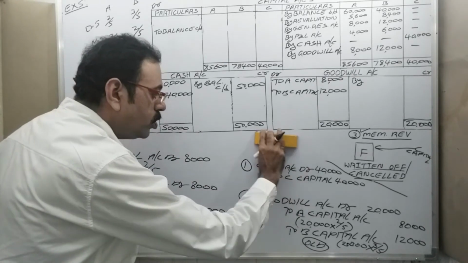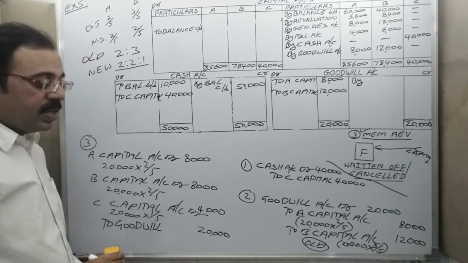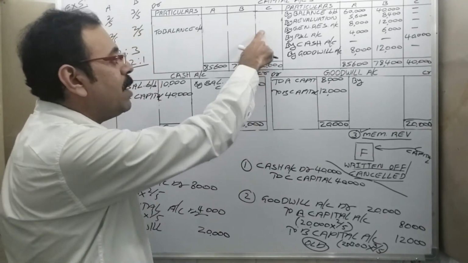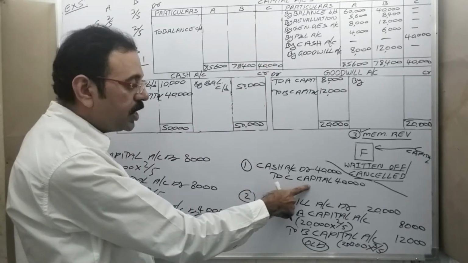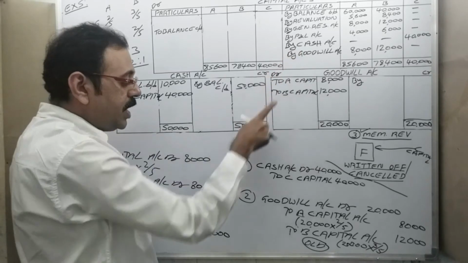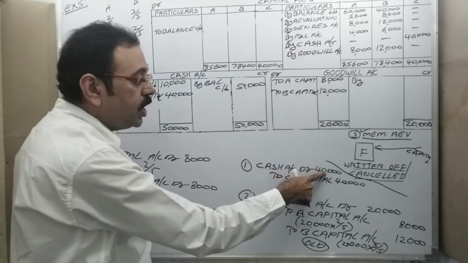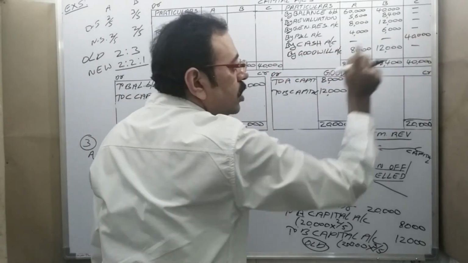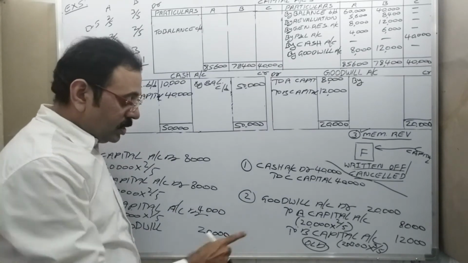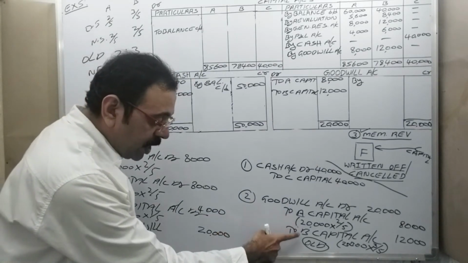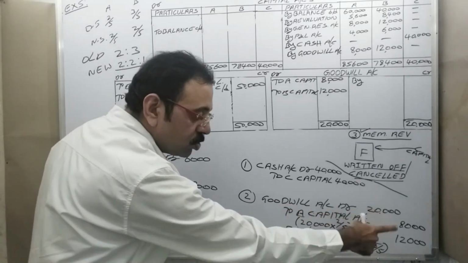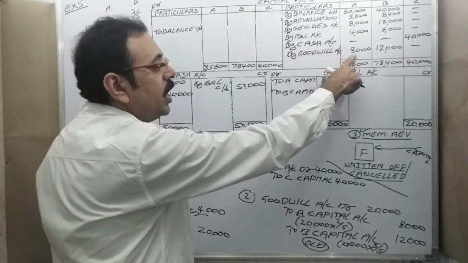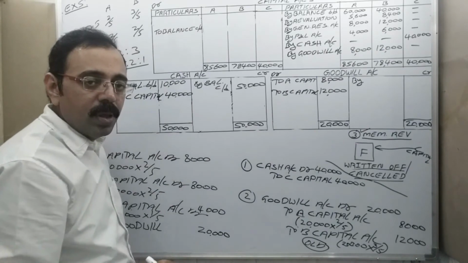Then, how to post these entries? First entry, first in capital accounts we will see. In first entry, C capital is in credit, therefore credit side, by cash 40,000, same. Second entry, capitals are in credit, therefore credit side, by goodwill 8,000, 12,000, same.